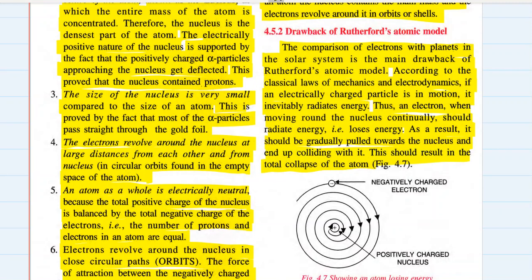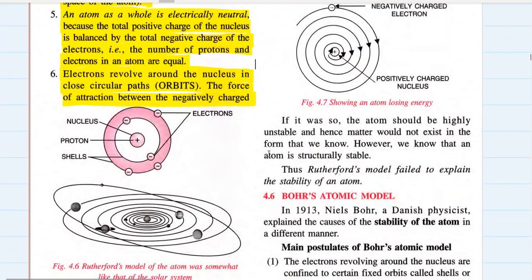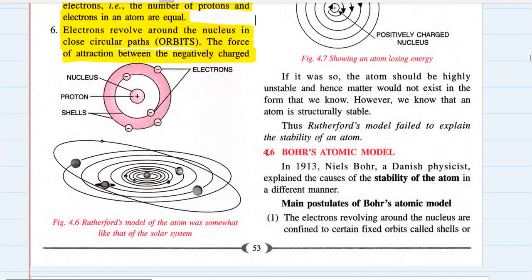So that is the main drawback of Rutherford's model of an atom. If it was so, the atom should be highly unstable, and hence matter would not exist in the form that we know. However, we know that an atom is structurally stable. Thus, Rutherford's model failed to explain the stability of the atom.